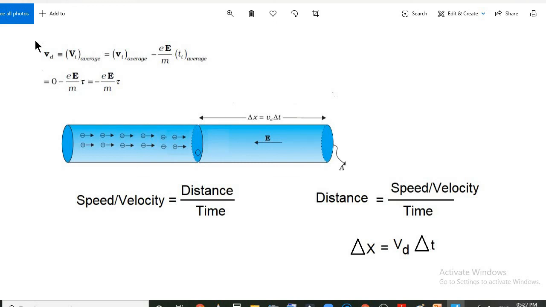You may think that electricity travels very fast, but actually the electrons are traveling at a very low speed, and the average velocity of all the electrons is known as the drift velocity.